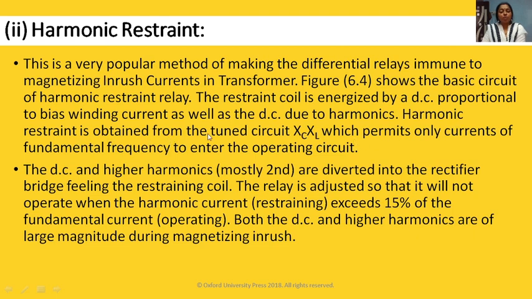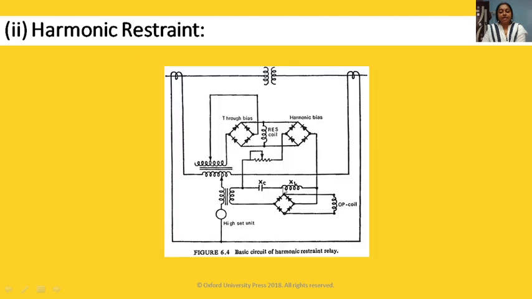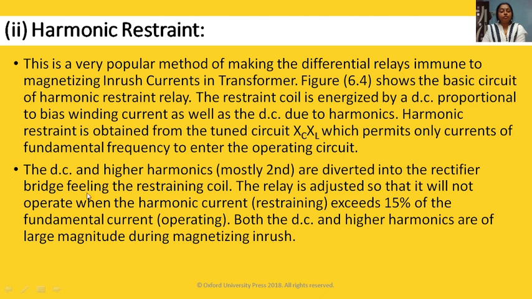Harmonic restraint is obtained from the tuned circuit XC XL, which permits only current of the fundamental frequency to enter the operating circuit. This permits only the fundamental component to enter the operating coil. The DC and higher harmonics, mostly second, are diverted into the rectifier bridge, feeding the restraining coil.